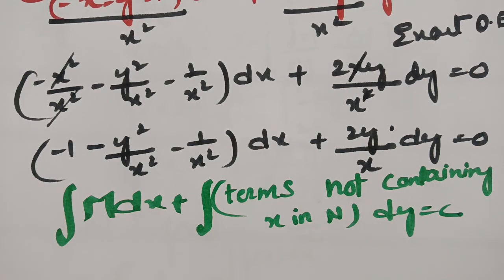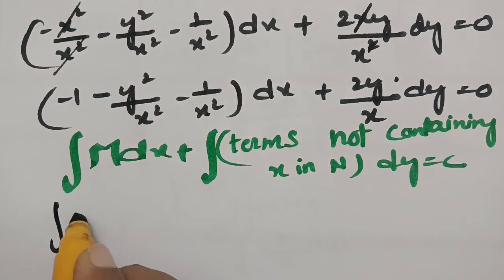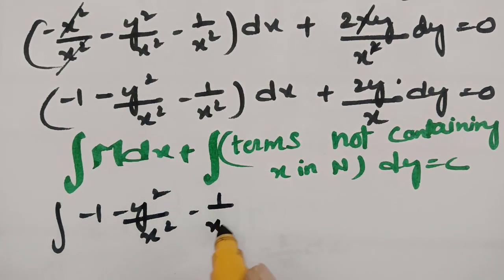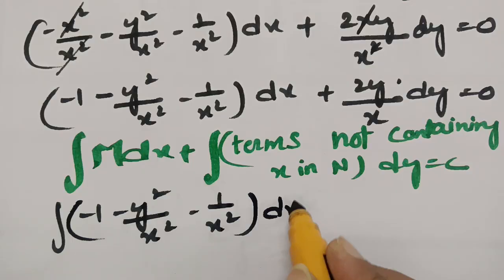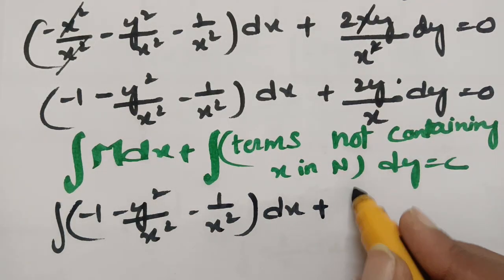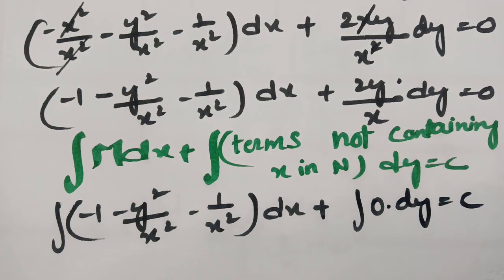Let's get started to find the solution. What is M here? M is minus 1 minus y square by x square minus 1 by x square, into dx, and the terms not containing x. There is a term containing x, therefore there are no terms not containing x, therefore 0 into dy is equal to c.